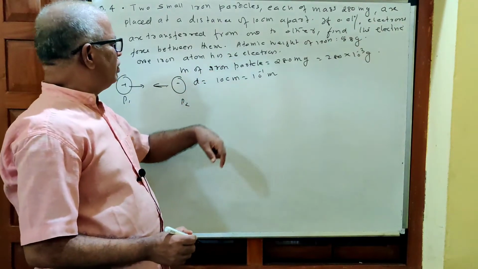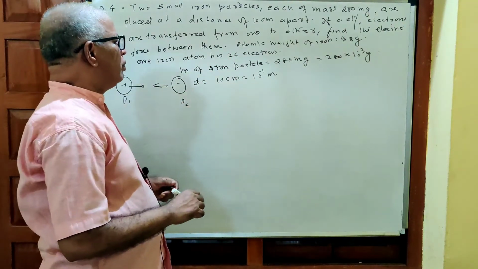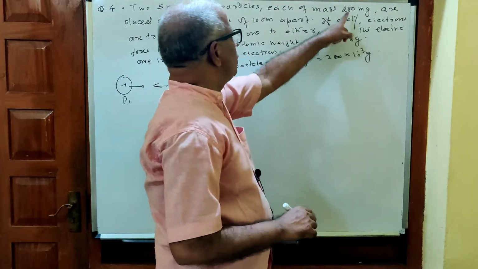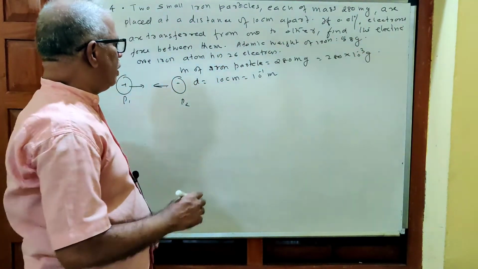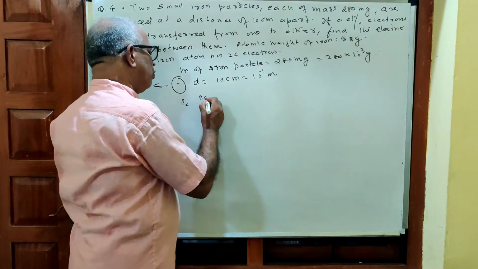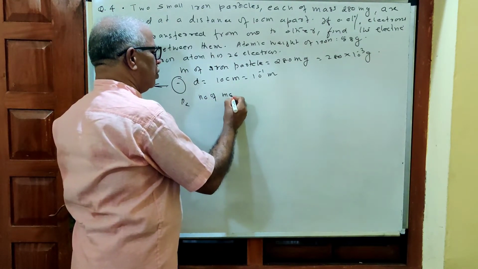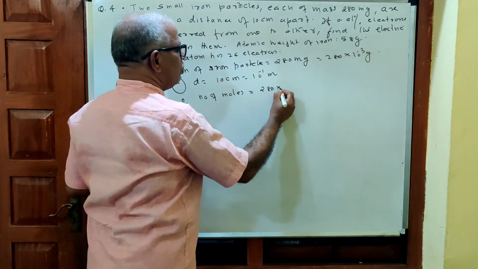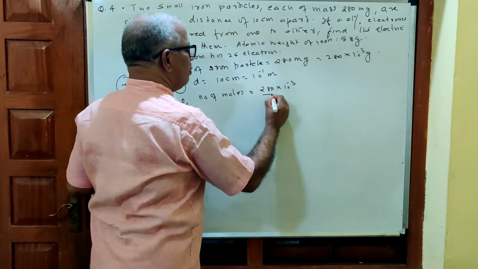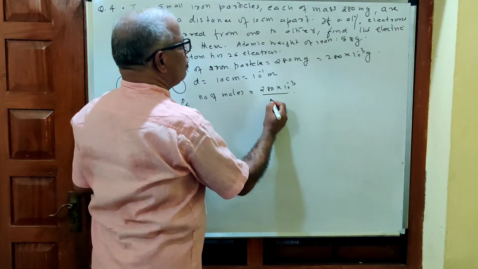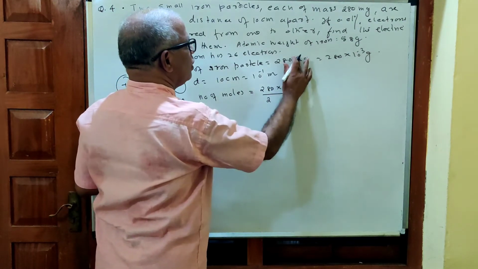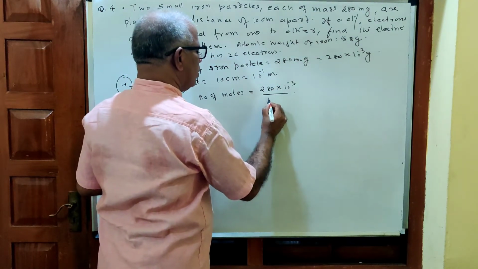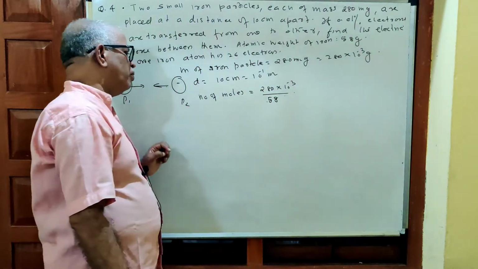Then atomic weight is given, and electron count is given. So we will find out how many atoms are there in this 280 milligram. Number of moles is equal to 280 into 10 to the power minus 3 divided by atomic mass, 56. This is the number of moles.